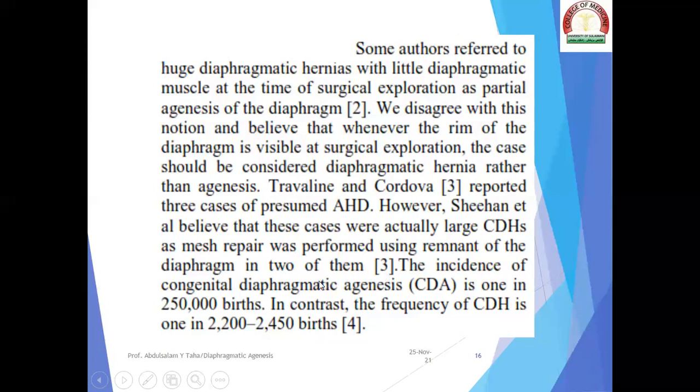The incidence of congenital diaphragmatic agenesis is 1 in 250,000 births. In contrast, the frequency of congenital diaphragmatic hernia is 1 in 2,200 to 2,450 births.